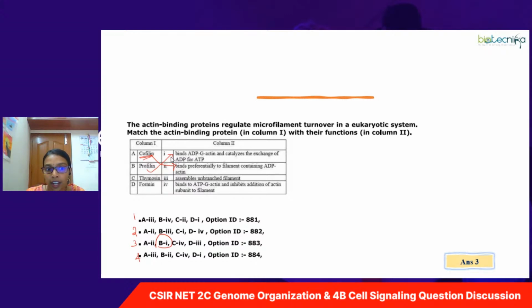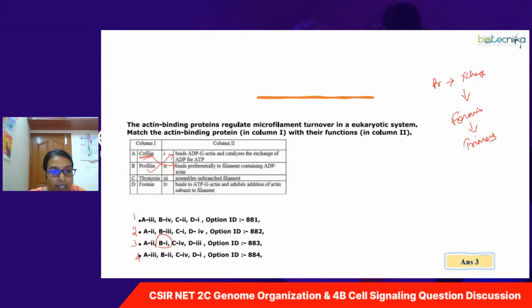But in this case, the exchange takes place from ADP to ATP before going for formin, because first profilin comes and does the exchange, and after that you have formin, by which trimers are synthesized. Trimer actin is getting synthesized, so like that you get a filament. G actin will be the monomeric form and F will be the filament form.